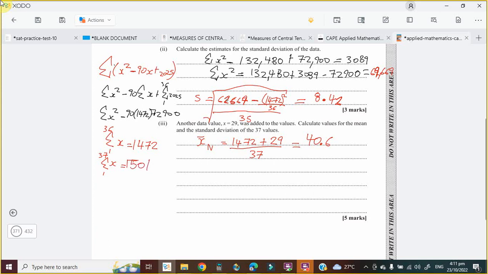Now, gentlemen, we need the sum from 1 to 37 of x squared. So what we're going to do is add 29 squared to the 69,667. Does that make sense?